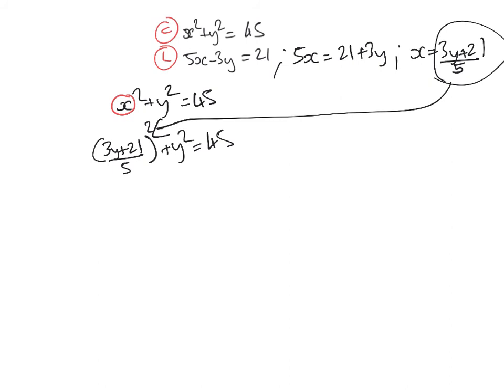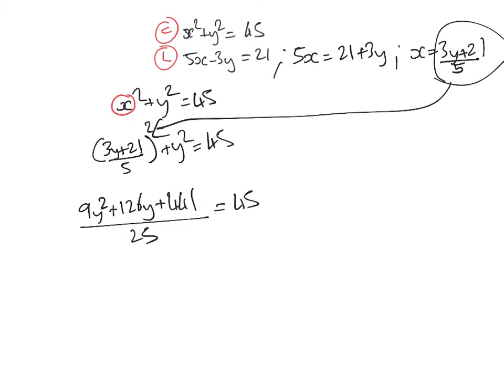So we have on the top 3y all squared is 9y squared. 3y times 21 is 63, and then it's doubled, so 126y plus, oh god, what's 21 squared? 21 squared is something horrendous, I think. Hang on. 441 from the looks of it. 441 all over 5 squared, 25, equals 45.